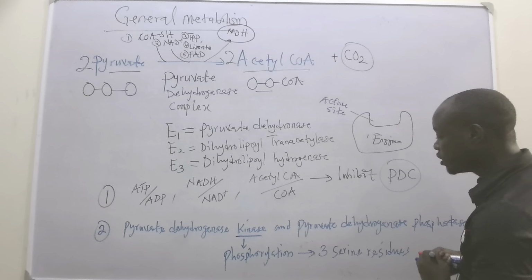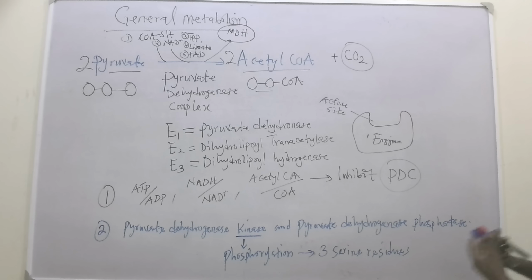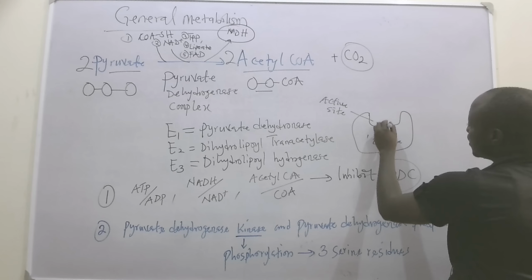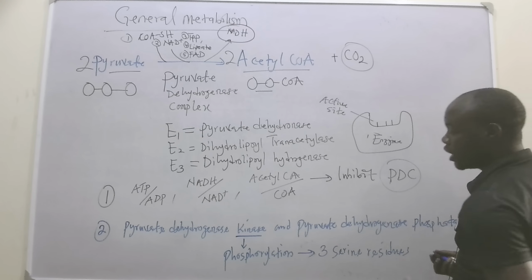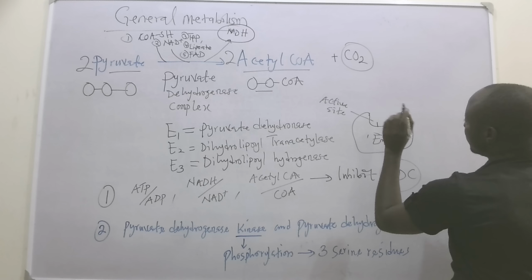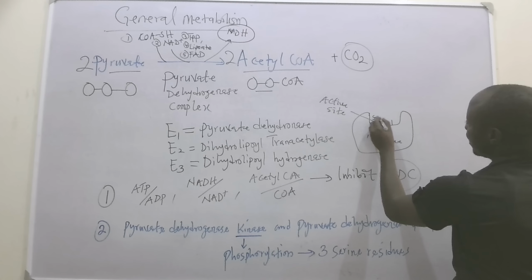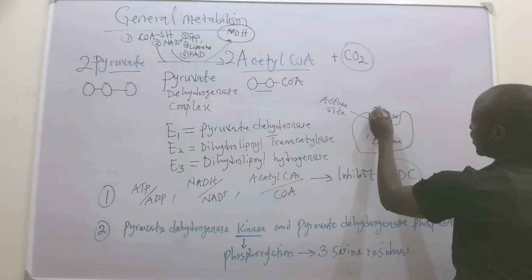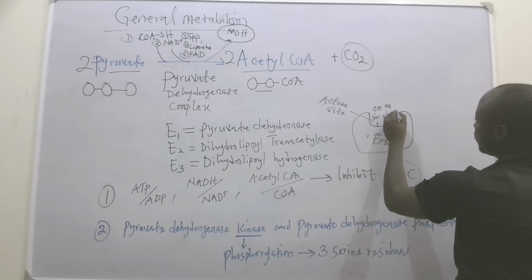Usually at the active site there are amino acid residues. So the pyruvate dehydrogenase complex enzyme has three serines. Generally serine has an OH group.